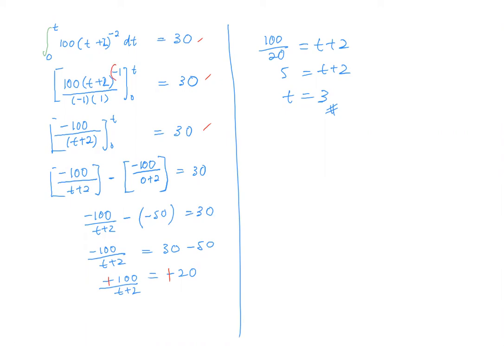This is power negative 1. Okay, but how about the subtracting, like in the fourth step? Fourth step, sub the top minus sub the bottom. That is the definite integral rule.